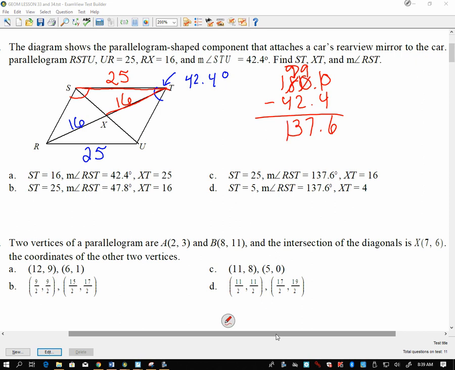Okay, 137.6. All right, so we're looking for ST is 25, RST is 137.6, and XT is 16. Don't see anything that matches that. Looks like C, right? And that used 3 of the rules that we have. The only thing it didn't use was the opposite angles are congruent, correct? Okay, but knowing all 4 of those is really important.